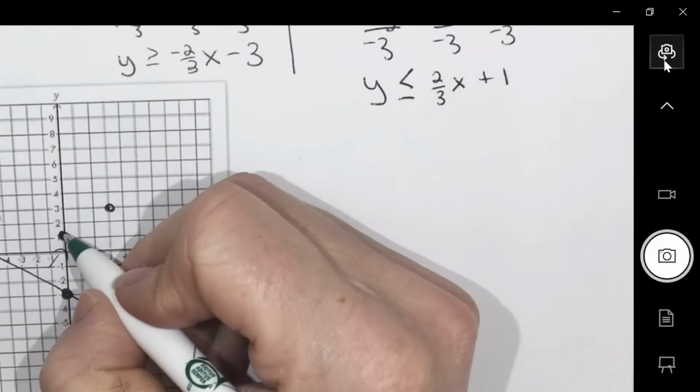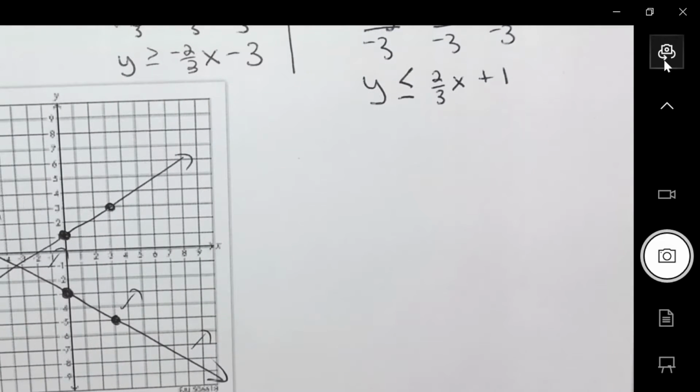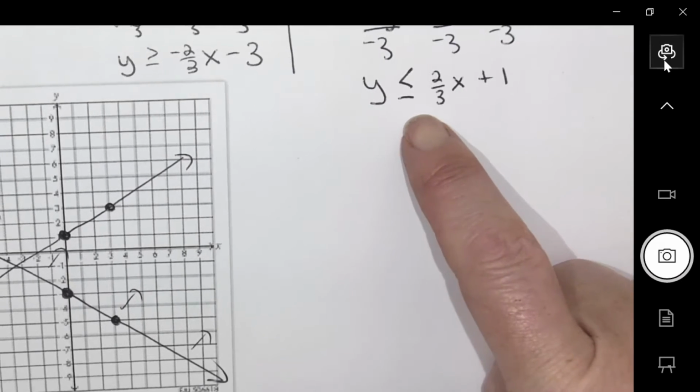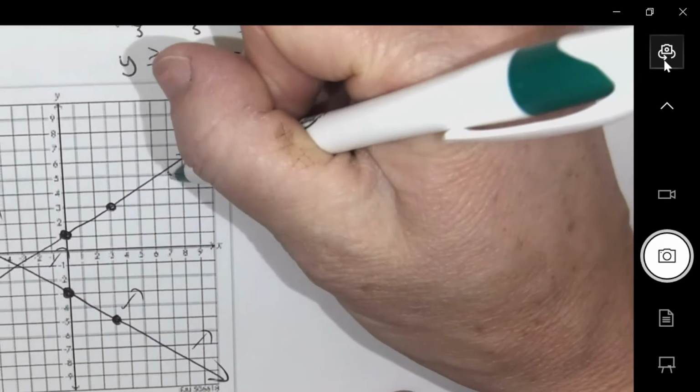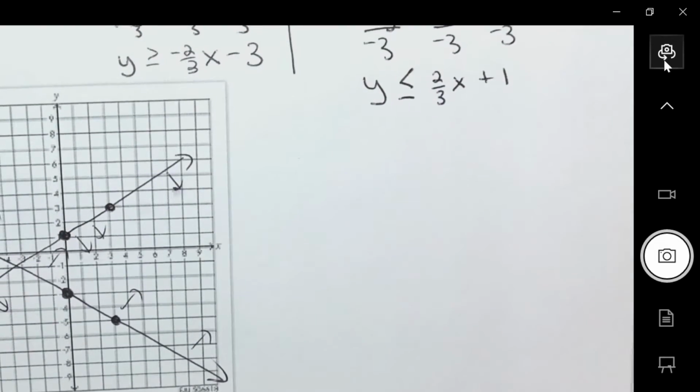And then I do know it's a solid line. Then it says lower than, less than, angling downward. Okay, we still have one more.